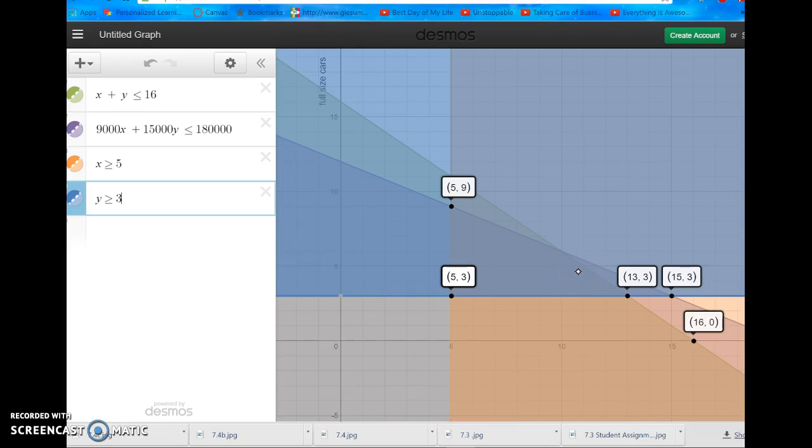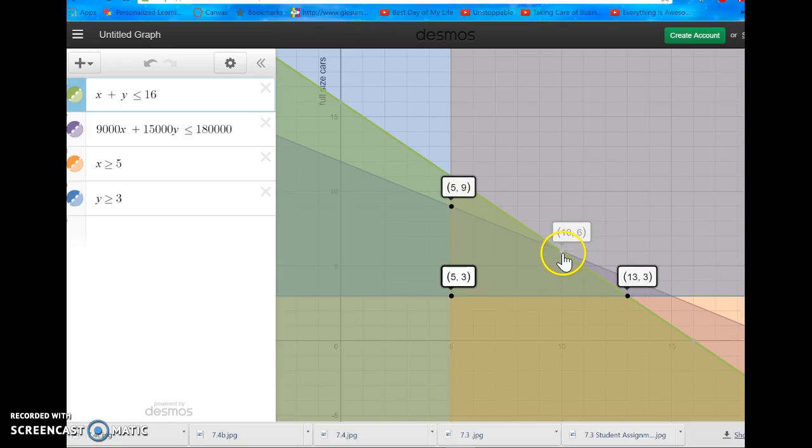And this point I think still stays the same. Let me get rid of this one because that one no longer works. So we need to figure out what this one is. 10, 6 is still there. So 5, 9 and 10, 6 stayed the same, but 13, 3 is a new point and 5, 3 is a new point.